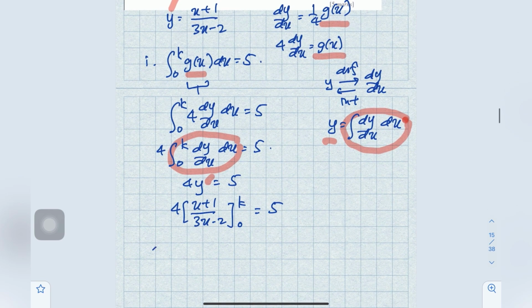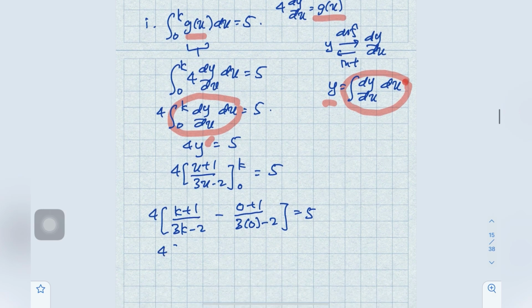So we get 4 times k plus 1 over 3k minus 2, minus 0. We must substitute x equals 0, because when we substitute x equals 0, it is not necessarily 0. Like this: 0 plus 1 over 3 times 0 minus 2 equals 5. Simplifying, this becomes k plus 1 over 3k minus 2 minus 1 over negative 2, so plus 1/2.